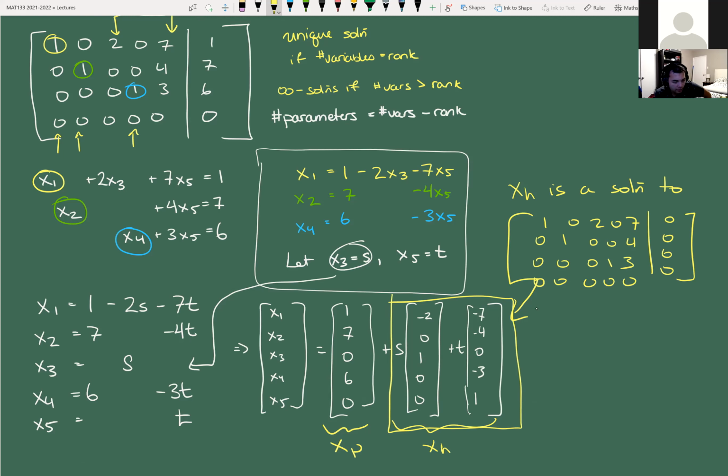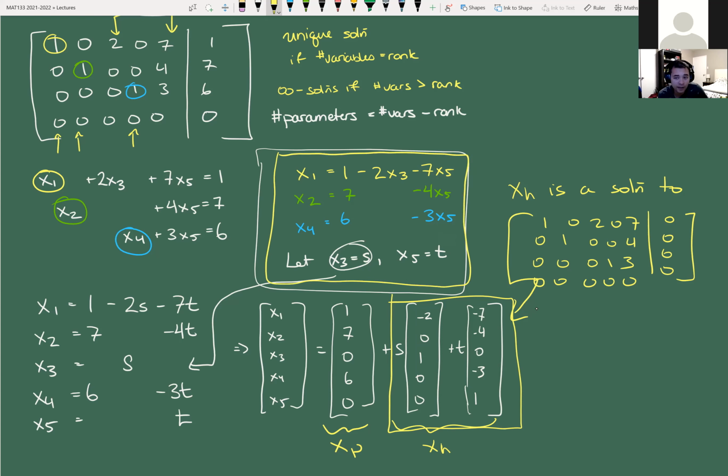Okay, so I understand what you did for the last part, but how is this infinite and what did you do for the second last part? Okay, so it's infinite because any value of s and t is a solution, right? Try it. Choose s equal to 1 and t equal to 0 and compute what x1, x2, x3, x4, and x5 are and check that this linear system is satisfied. Does that make sense?